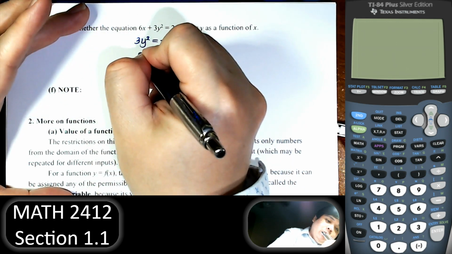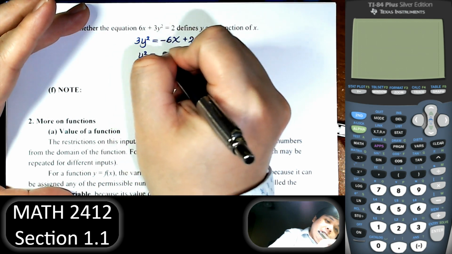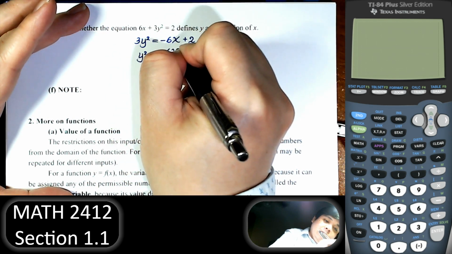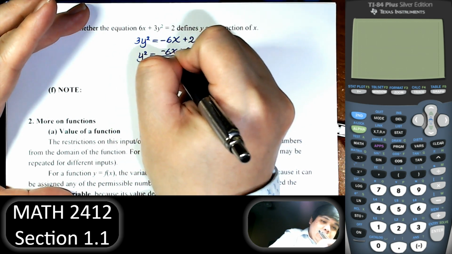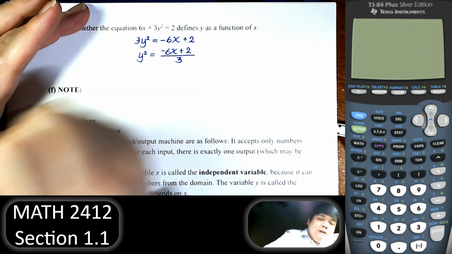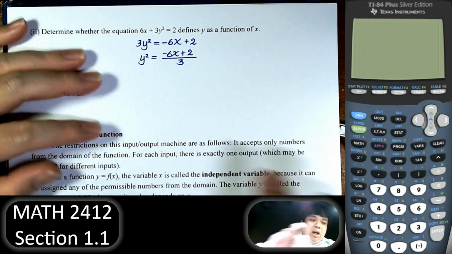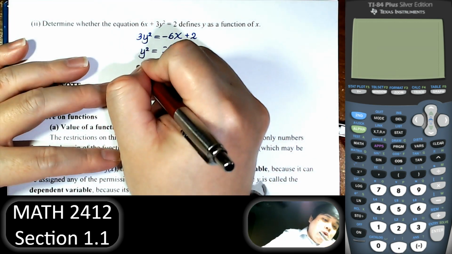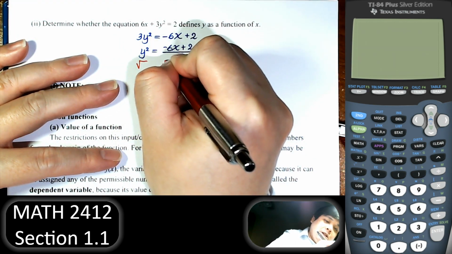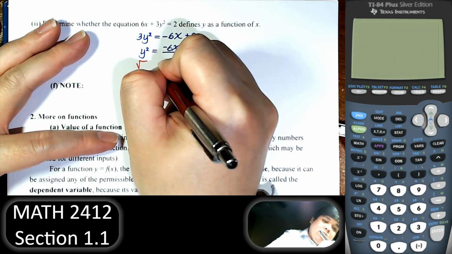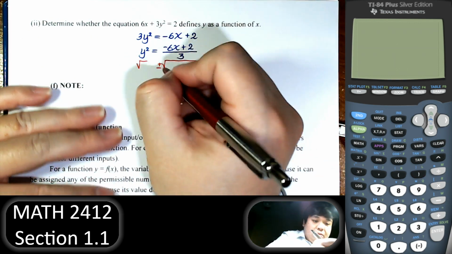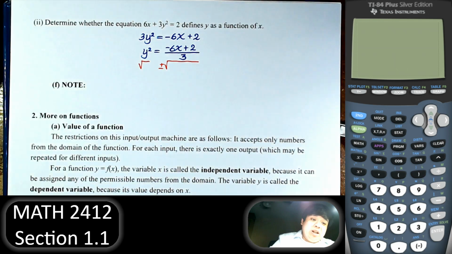And then we can divide by 3. And then we can take the square root on both sides. Just note that when we take the square root on both sides, we have to put plus or minus. Yeah, so you will see this again.